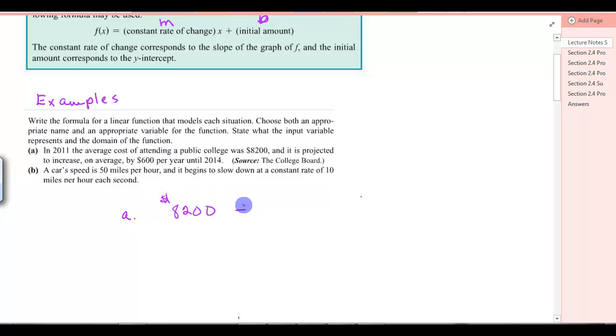That is the initial cost at 2011. All right, then we're told it's increasing $600 per year. That's a rate. Okay, so 600 is a rate of change per year.